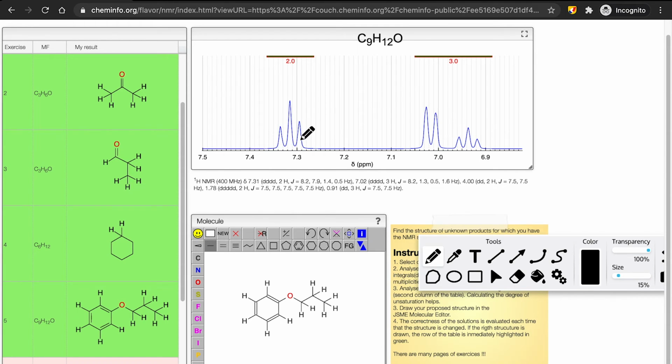This triplet right here probably corresponds to these 2 hydrogen right here. So this hydrogen and this hydrogen probably give you this triplet. So it integrates to 2. There are 2 hydrogen, they're equivalent, and they have 2 neighbors. So if we examine this hydrogen right here, you can see that they have 2 neighbors, 1 and 2. So 2 plus 1 gives you a triplet.